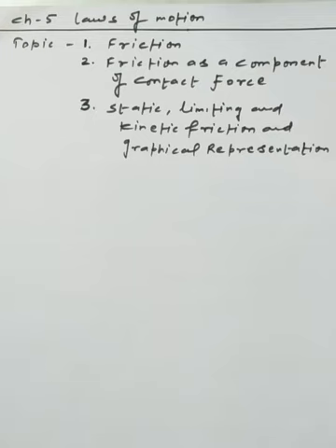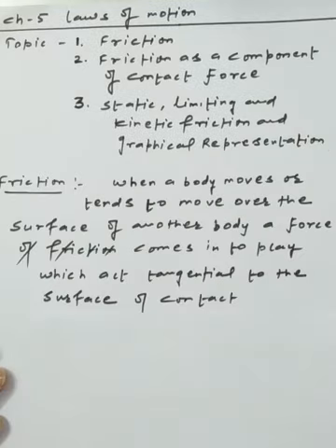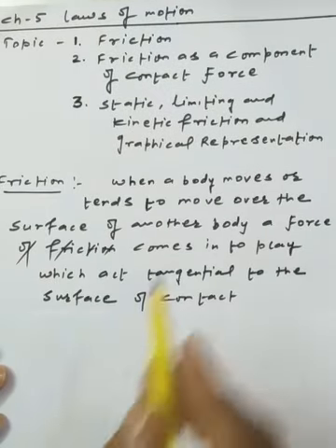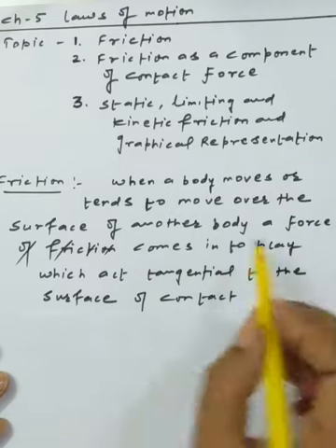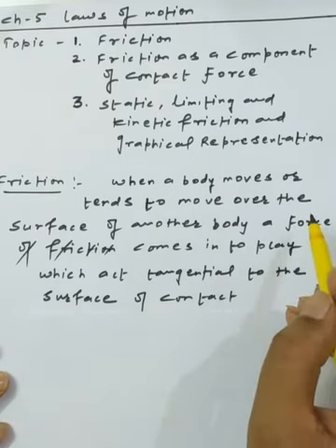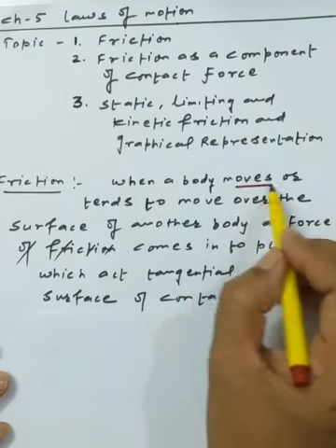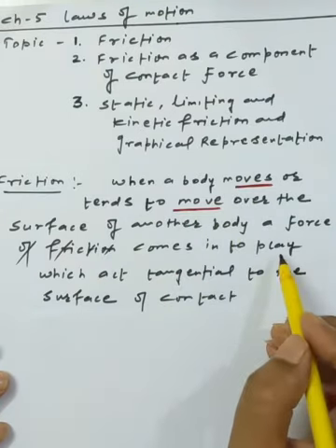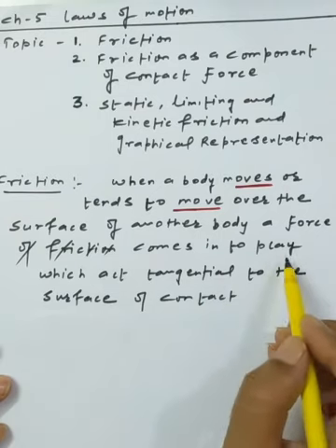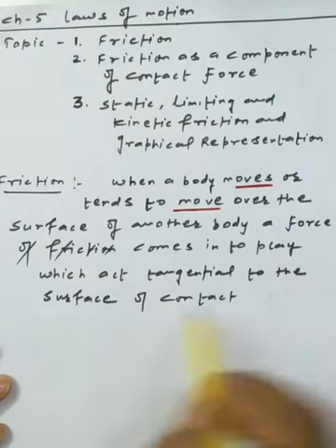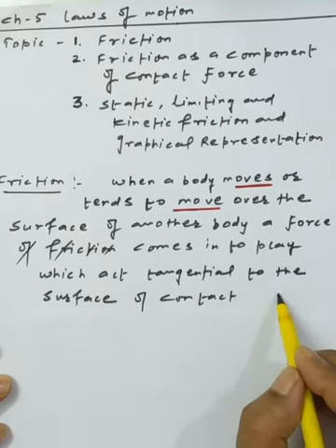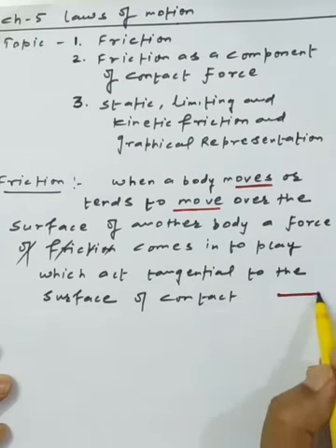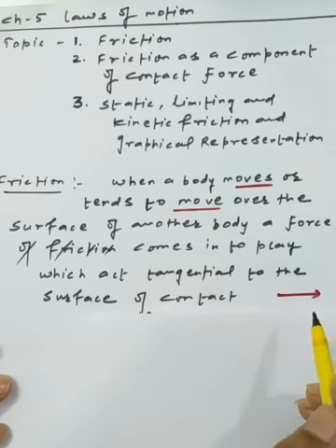Now for the definition: when a body moves or tends to move over the surface of another body, the movement should be there, or tends to move. Now the force which comes into play acts tangential to the surface of contact. Tangential means along the horizontal direction, along the surface where the two surfaces are in contact.